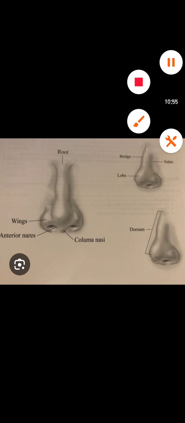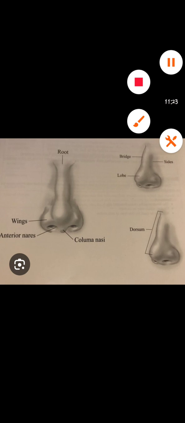Anyway, the definition is the fleshy termination of the nasal septum at the base of the nose, located between the nostrils, the most inferior part of the mass of the nose. It's where your nose holes come together, at the lowest part under the tip of your nose.